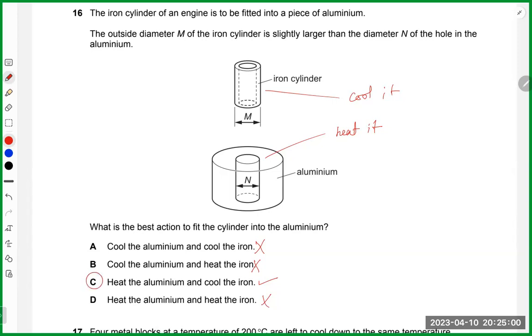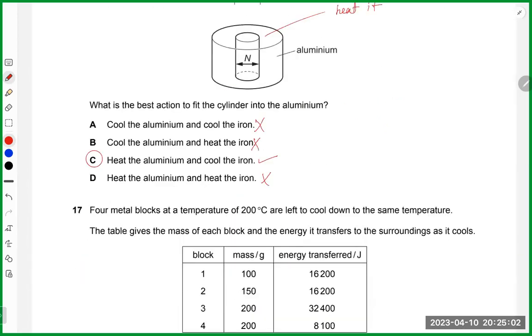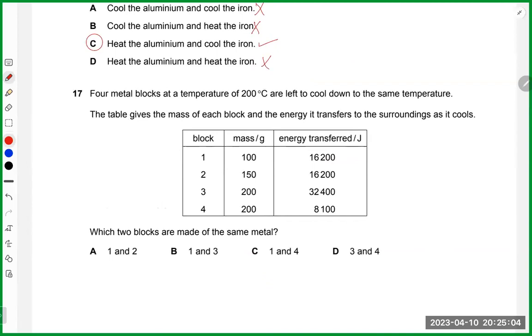17. Four metal blocks at a temperature of 200 degrees Celsius are left to cool down to the same temperature. The table gives the mass of each block and the energy it transfers to the surroundings as it cools. Which blocks are made of the same material?